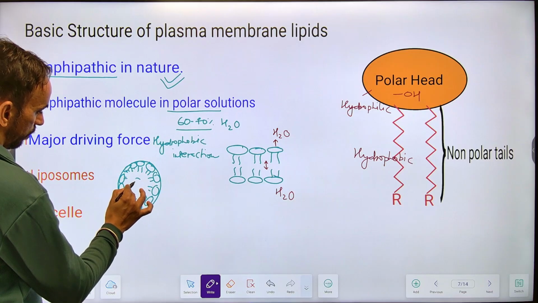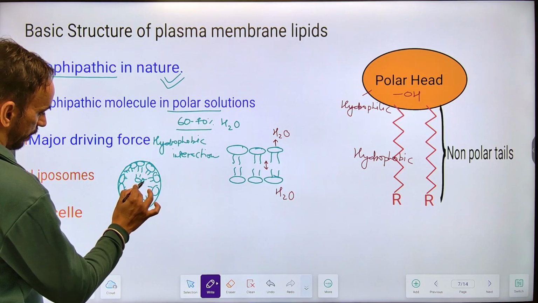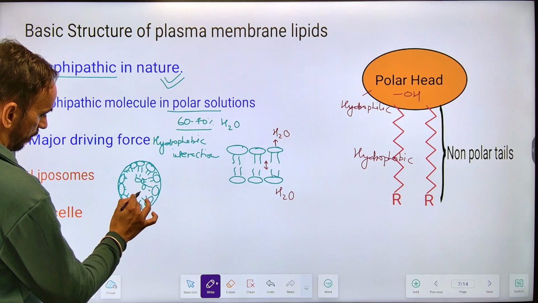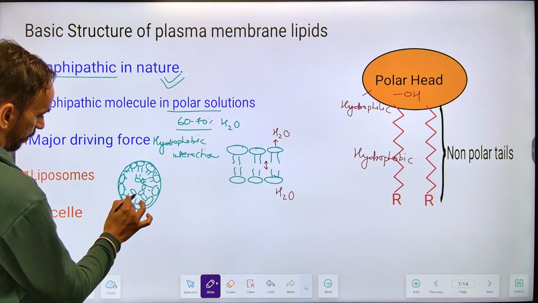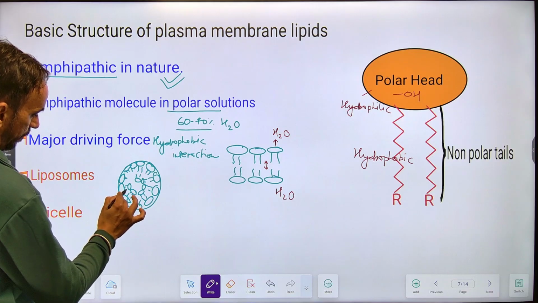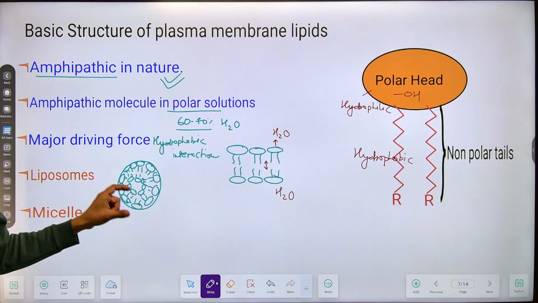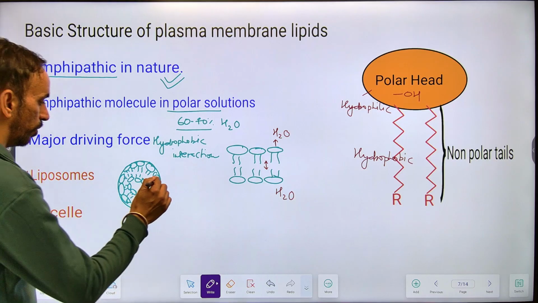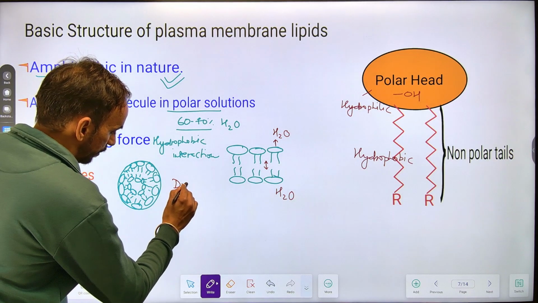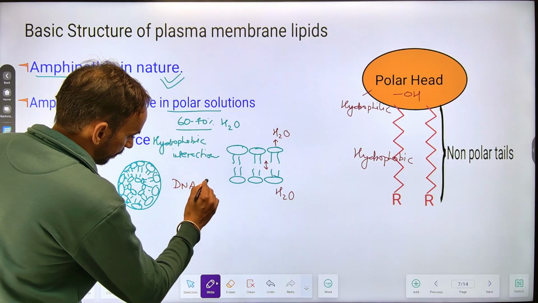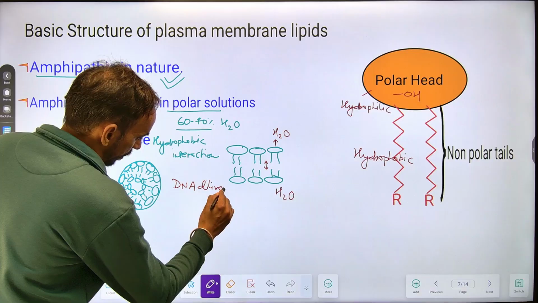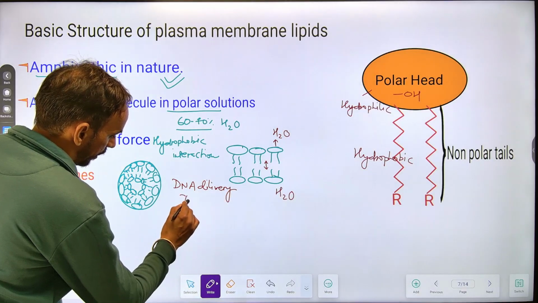And in the liposomes there is a bilayer of lipid. This type of structure, these are called as the liposomes. These are the lipid bags. These bags are used for DNA delivery as well as for the drug delivery.